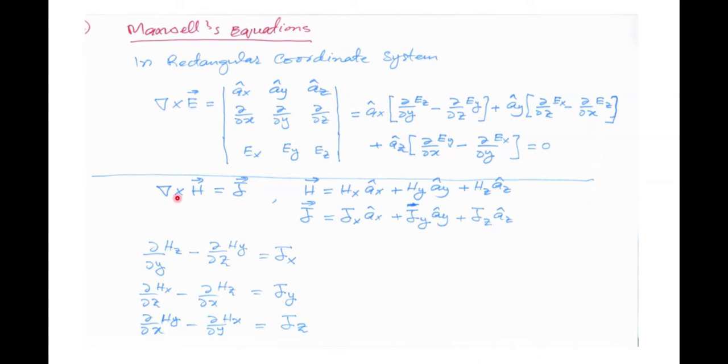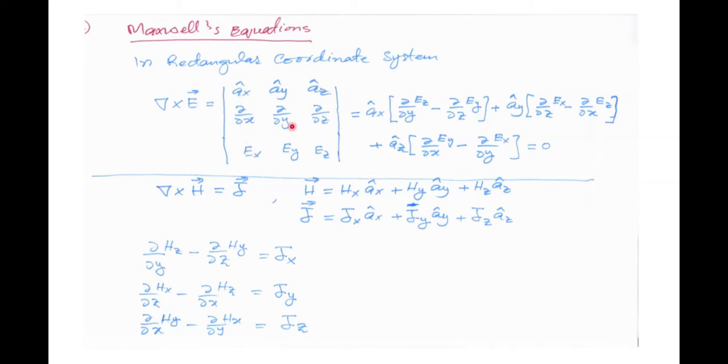Then expand the left side of this equation according to the determinant of the curl of any vector field, which we have already done in the first relation, in expanding the first relation.